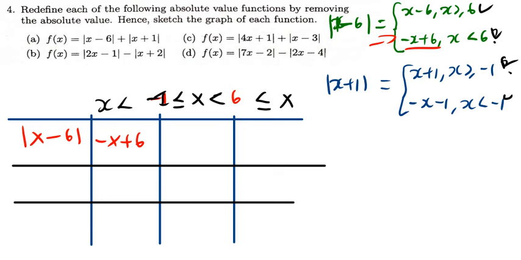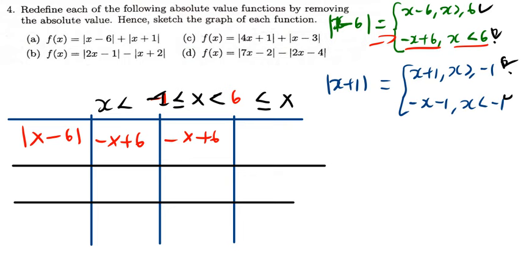I go to the next one. The next one we are dealing with is telling us that x is greater than -1 but should be less than 6. Okay, meaning we are still dealing with the same one, because this is saying that x should be less than 6. But again, if x is less than 6, it can be greater than -1 but less than 6, so I'll still get that.